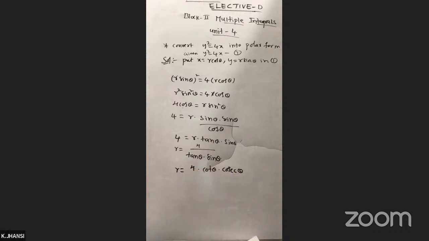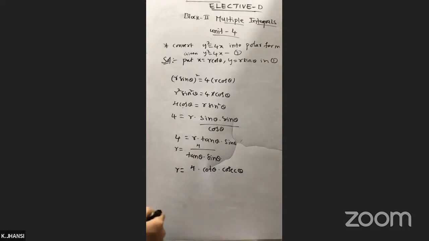So the r value is 4 into cot theta into cosecant theta. So we are converting this into polar form: r equals 4 cot theta cosecant theta. Whenever such a question is asked, we follow this procedure. First, in the given equation, substitute x equals r cos theta and y equals r sin theta. When you simplify, you will get the r value.